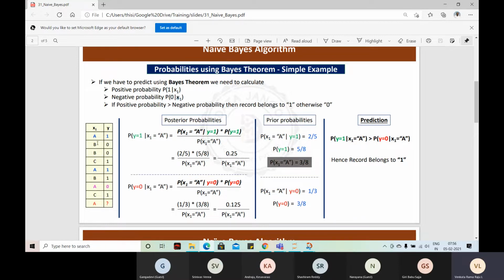Whichever is higher, we say the record belongs to that particular class. We need to predict which class this record belongs to.